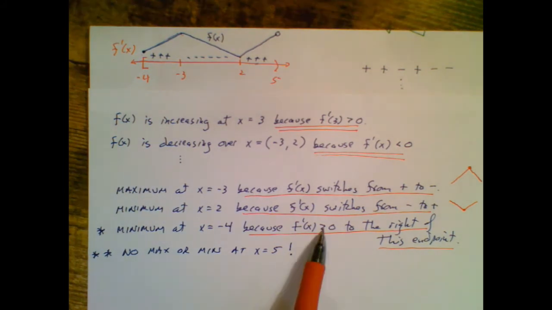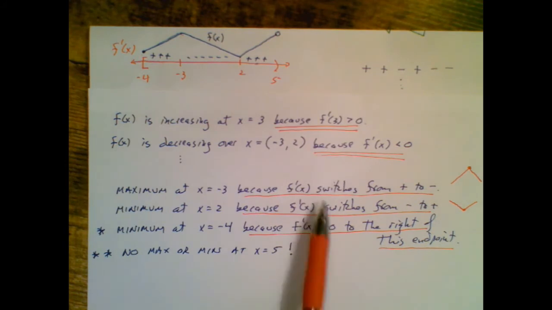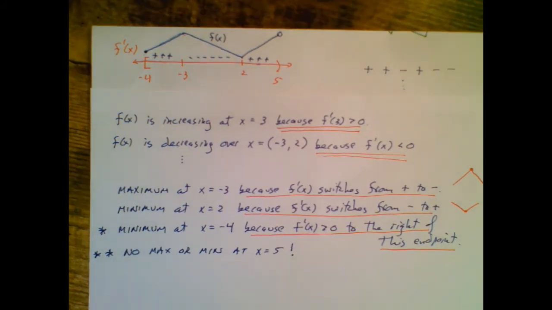The first derivative is positive to the right of that endpoint. And as I mentioned earlier, at x equals 5, there's no maximum or minimum. So these justifications are a bit clunky, but you have to get used to them, because very frequently you would not get credit, even if you had the right x value, if you don't have the right justification.